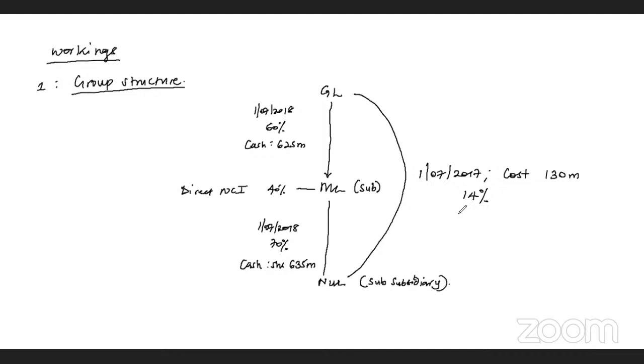When you look at NUL, ML has acquired 70%, but the parent acquired 14%. So when you look at NUL, it is now a subsidiary of the group. ML has acquired 70%, the parent acquired 14%.